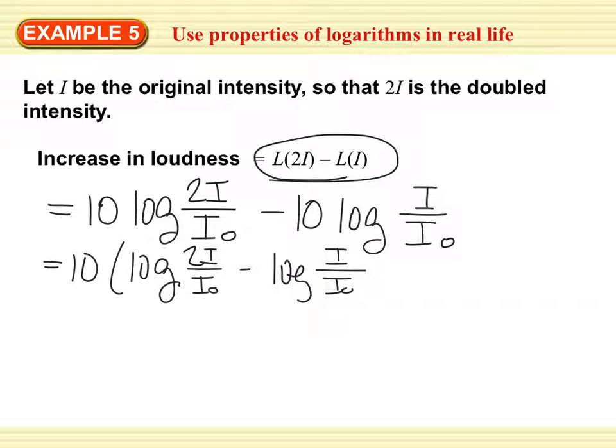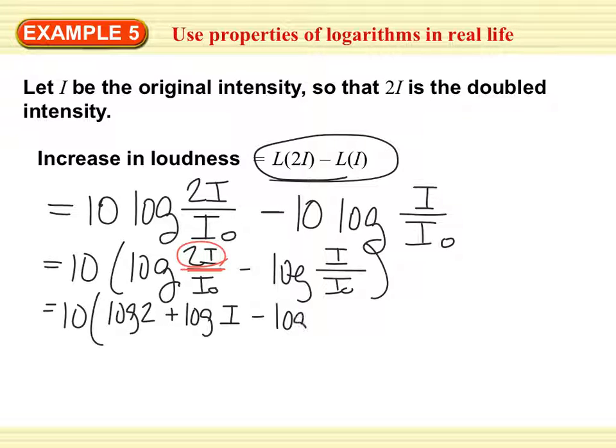Now, I can actually elongate those problems. Here I have multiplication and division. So I'm going to save that 10 out there. And this is going to be log 2 plus log I minus log I sub 0, minus log I minus log I sub 0.